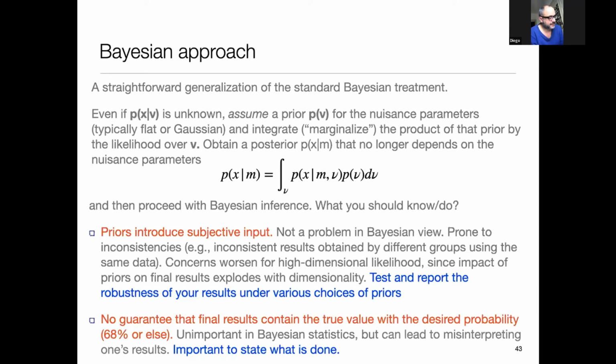The first one is that you're introducing subjective input, because you're assuming a distribution for nu that you didn't know. And the second is that there is no guarantee that the final result contains the true value with the desired probability content. So this might be a problem in interpretation of your results by other people than you.